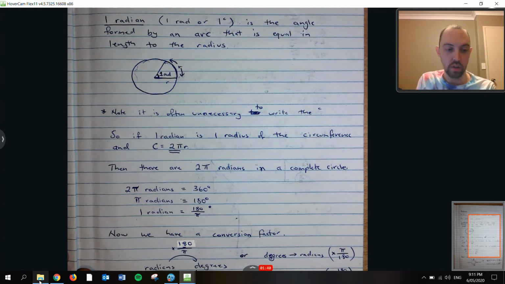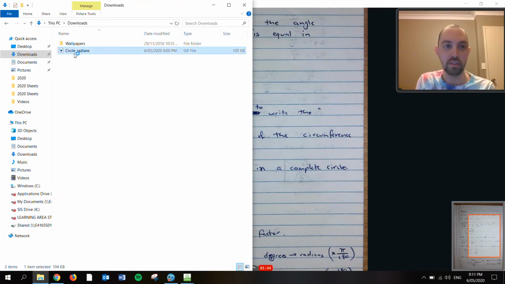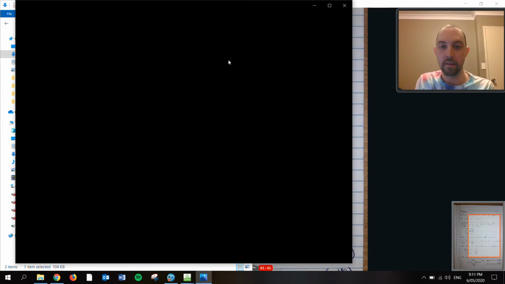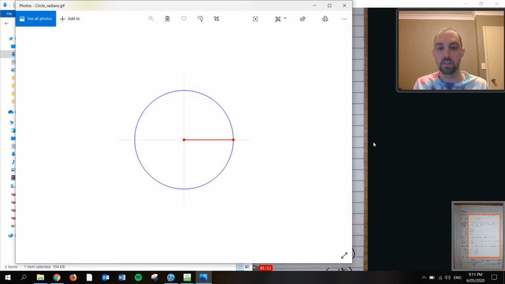Got a little diagram that might help you to visualize that a little bit better. So there's your radius, there's your circle. Once you have this arc of the same length, then you have your 1 radian in the middle there.